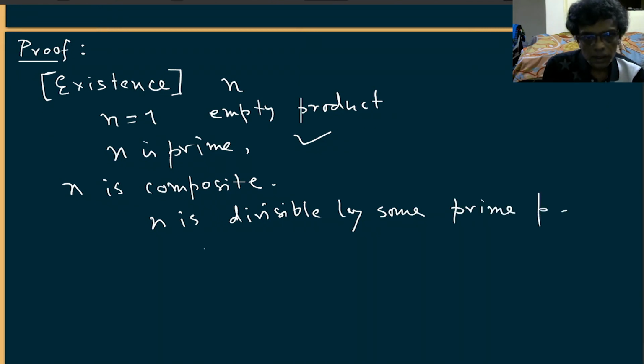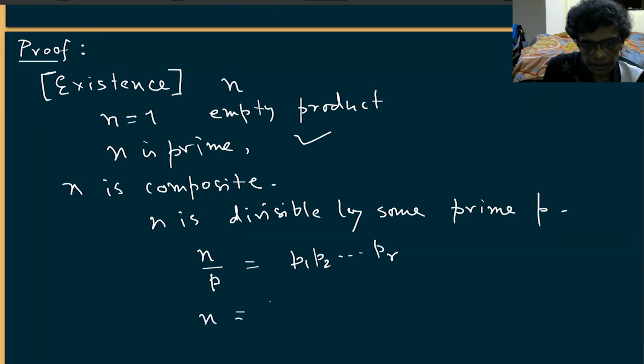Okay. But then, let us look at this n by p. This is smaller than n, and therefore, by induction, I can write it as a product of primes p1, p2, ..., pr.